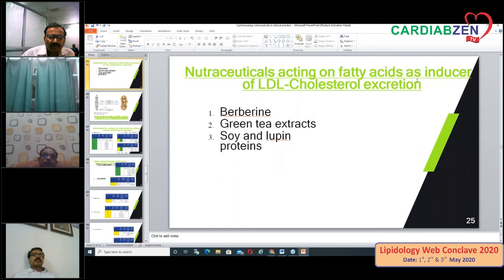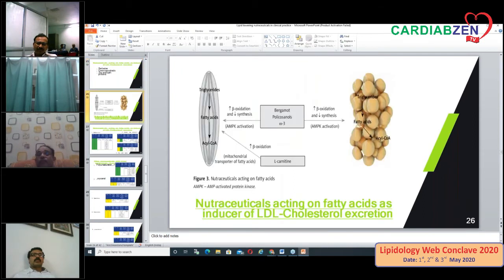Nutraceuticals acting on fatty acids are basically berberine, green tea extract, soy, and proteins. So this is how the fatty acids are being targeted by these nutraceuticals. For example, bergamot, policosanols, and omega-3 fatty acids increase beta oxidation and reduce the synthesis of acyl coenzyme A and fatty acids through AMPK activation.